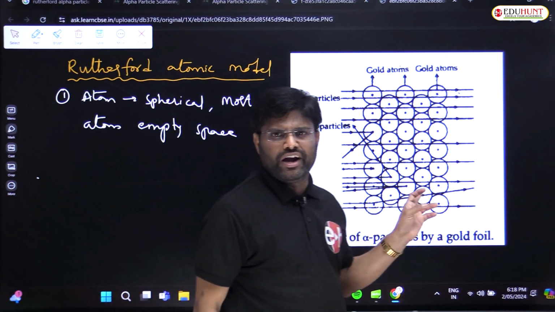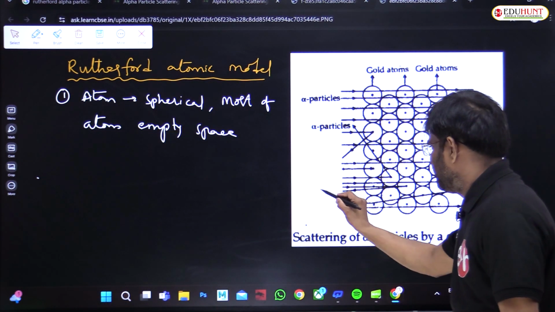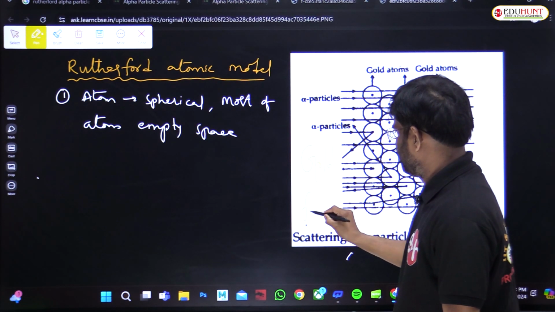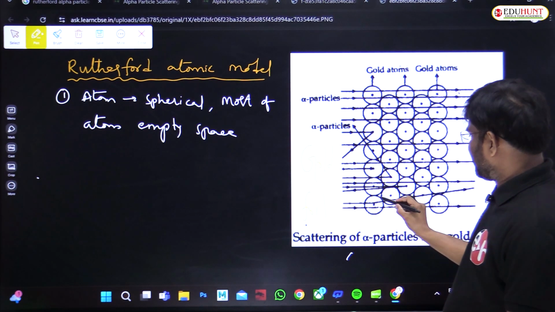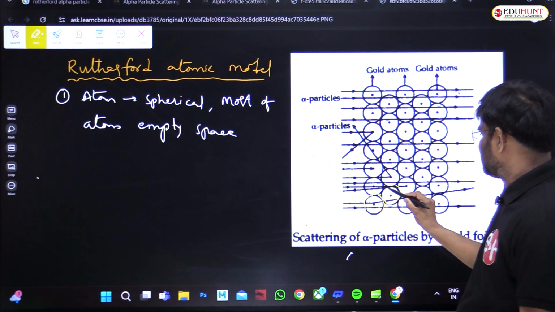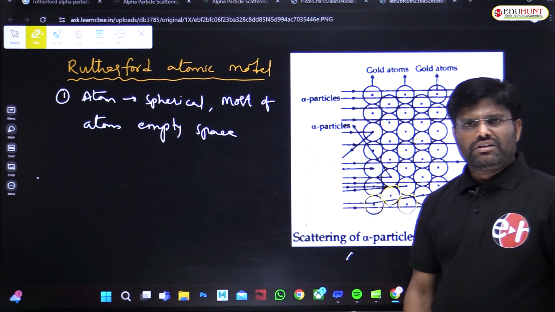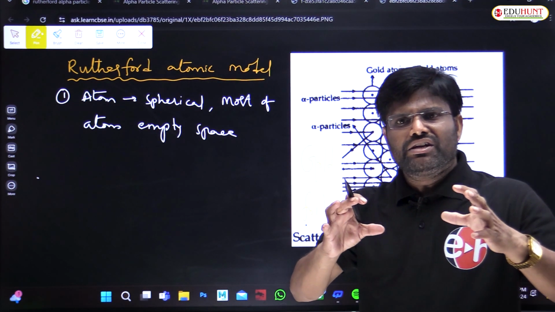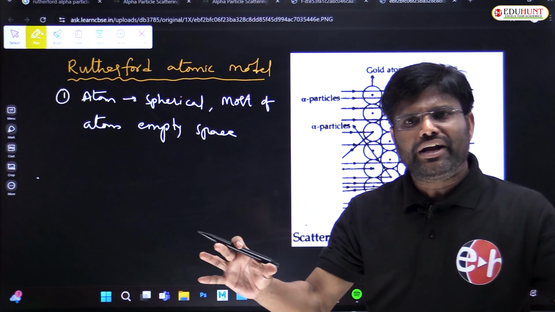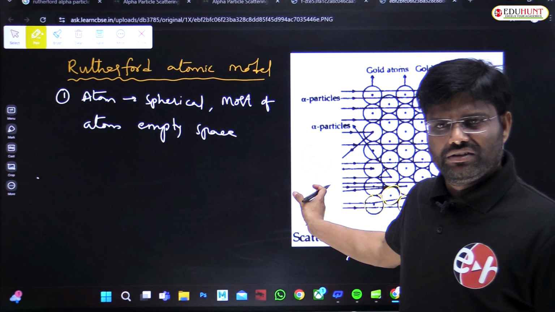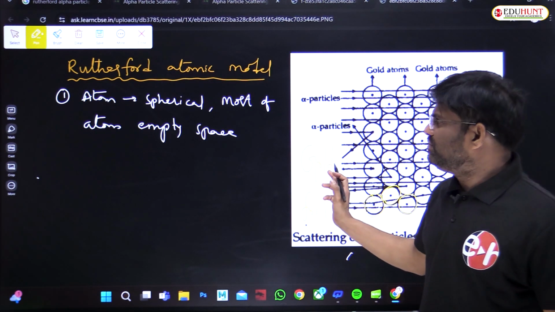See, this is the gold foil. These circles are called the gold foil. What is this circle? Gold foil is a substance made up of many atoms, and the circles are the atoms.